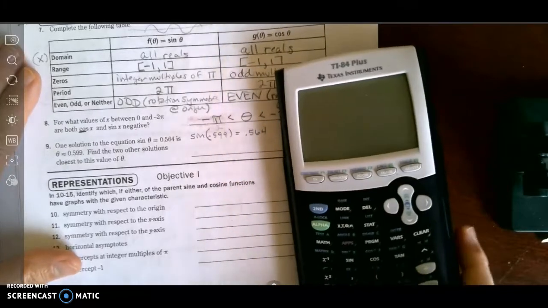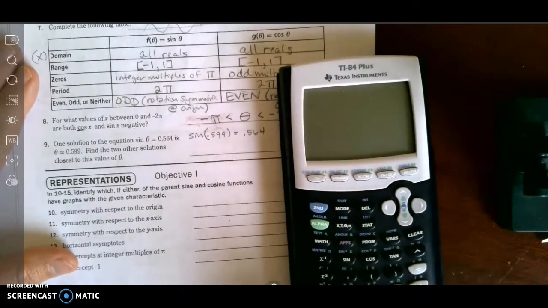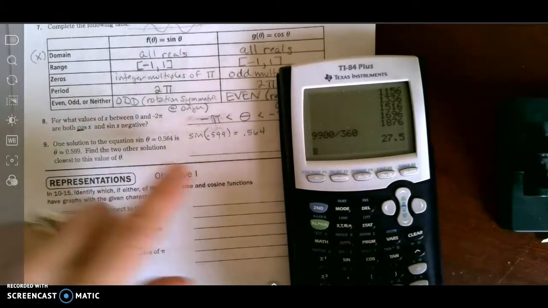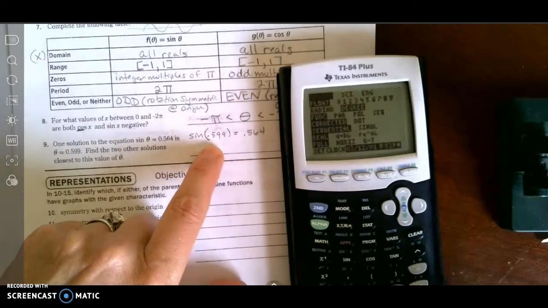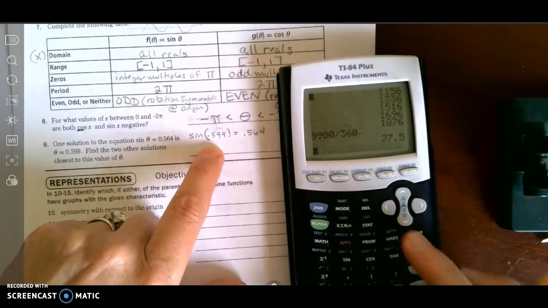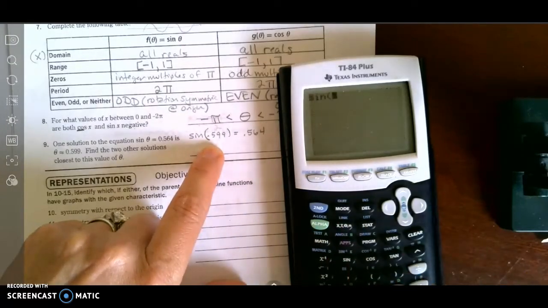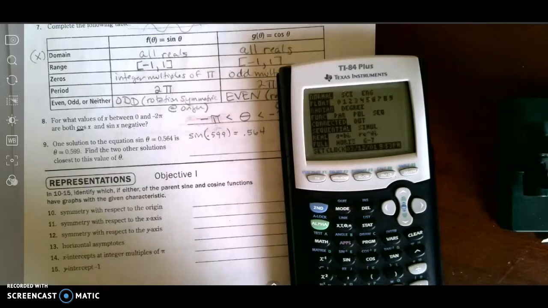Let's see, just to make sure we understand this. I want to first make sure my calculator's in radians, and it is. Okay. So sine of 0.599, sorry, I realized that when I checked my calculator, it was highlighted on degrees, not radians.